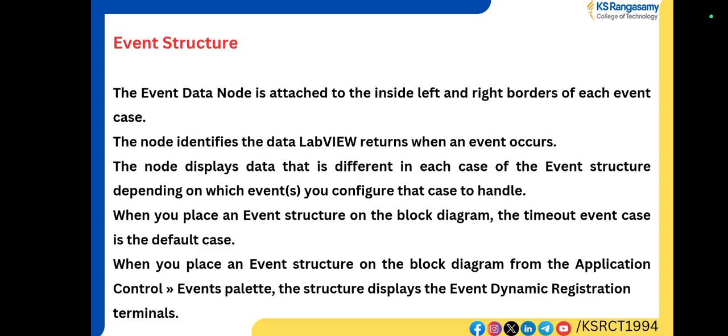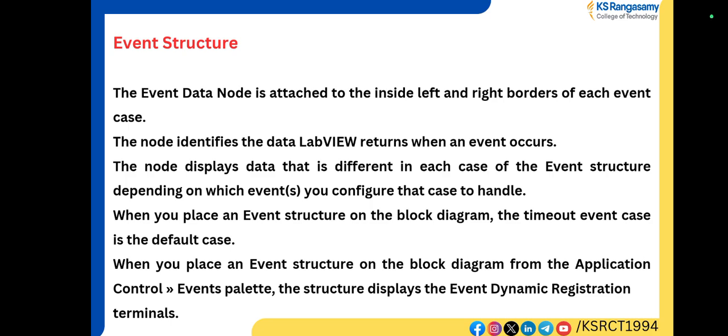When you place an event structure on the block diagram, the timeout event case is the default case. When you place an event structure on the block diagram from the application control event palettes, the structure displays the event dynamic registration terminals.